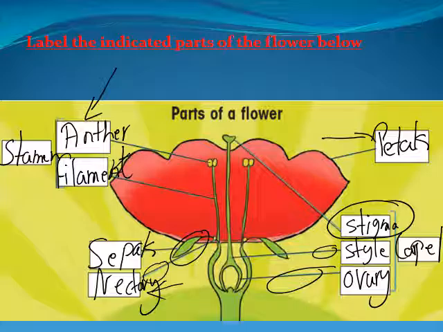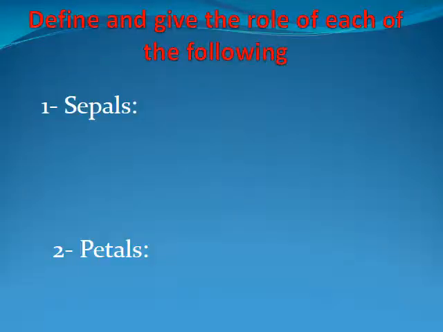We have stigma, style, and ovary, which compose the carpel. We have anther and filament, which compose the stamen. We have the petals, the sepals, and the nectary. Let's move to define and give the role of each of the following.